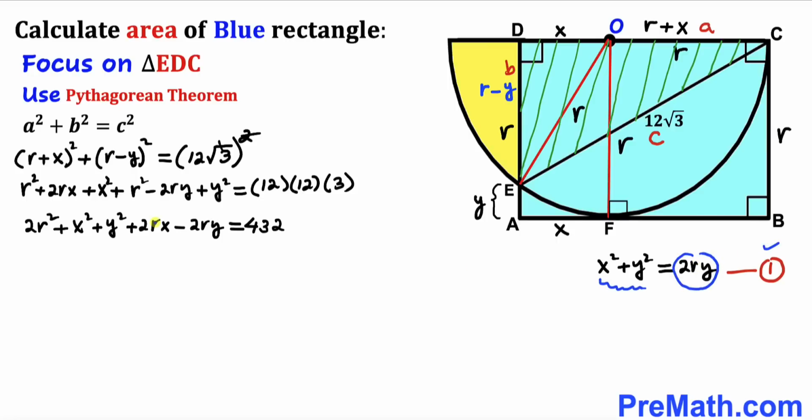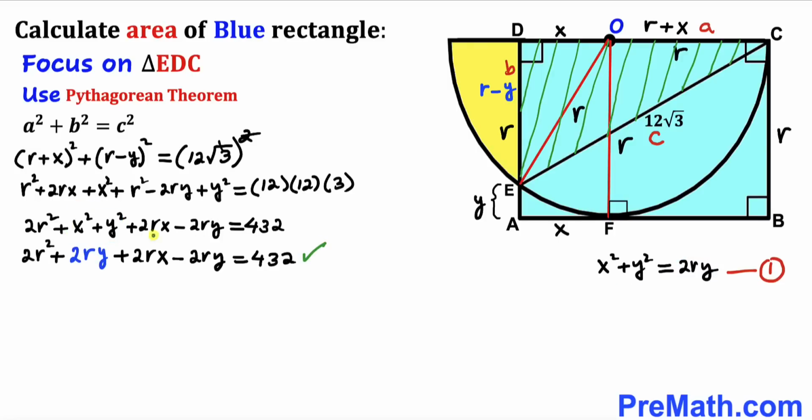And now we can see that our x square plus y square is equal to 2 times ry in this equation 1. So I'm going to replace this x square plus y square by simply 2 times ry. As you can see in this next step, I have simply replaced x square plus y square by 2 times ry. And now we can see this negative 2ry and this positive 2ry are gone. So we end up with 2r square plus 2 times rx equal to 432.